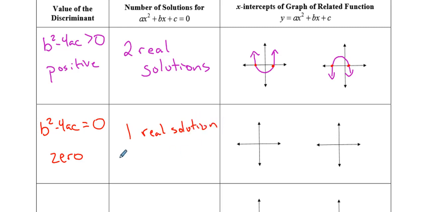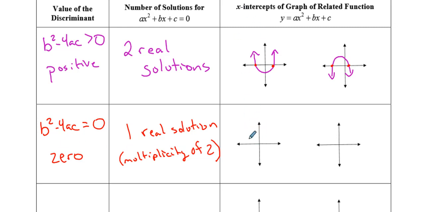Now that one real solution has a multiplicity of 2. And don't worry too much about what that means. We'll explore that more later, but just to introduce you to this idea of multiplicity of 2.